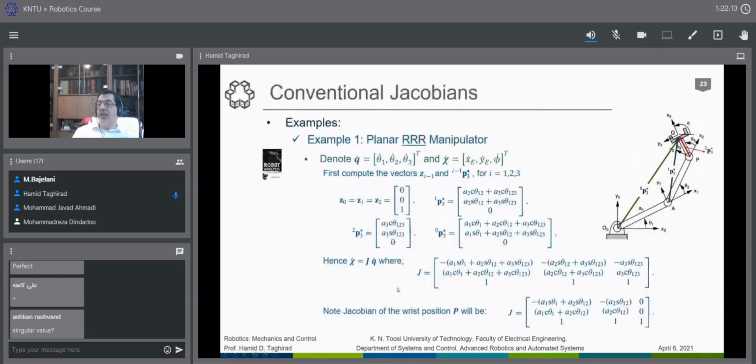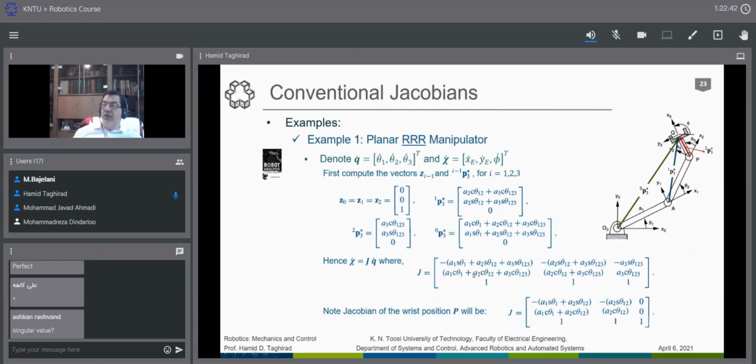And if you see, here we would have a 6 by 3 matrix, but we only use the first 2 parts here. If you multiply by Zi, it is very easy. We have a vector here, P, and a vector here. So when these 2 vectors are cross-multiplied, they give you a vector in the x and y direction only.